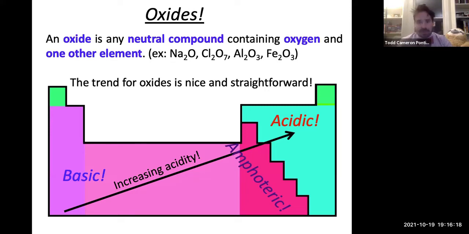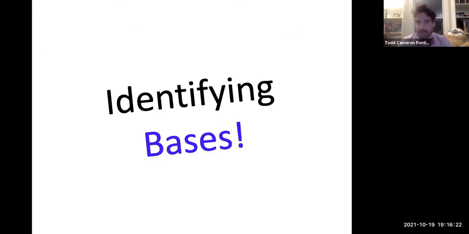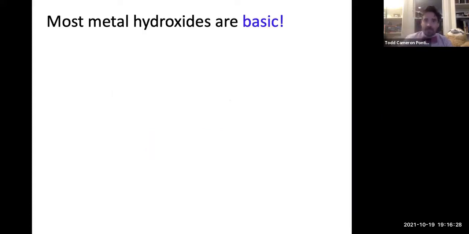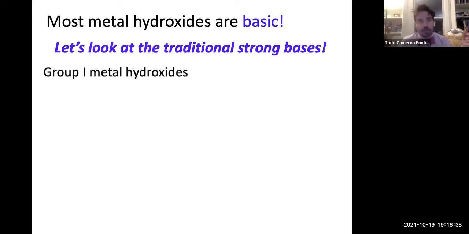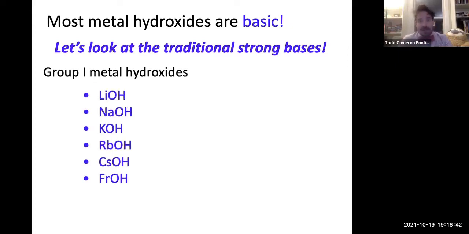So let's use this, talk about oxides, to segue into identifying bases. We said that metal oxides are generally speaking basic, and that leads us to the fact that most metal hydroxides, most things containing a metal and OH, are basic. And let's look at the traditional strong bases. They are group 1 metal hydroxides, which include LiOH, NaOH, KOH, RbOH, CsOH, and FrOH.